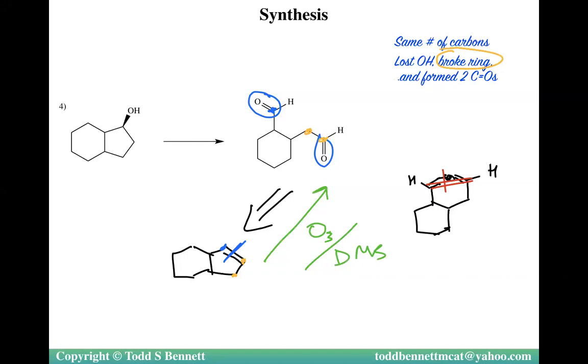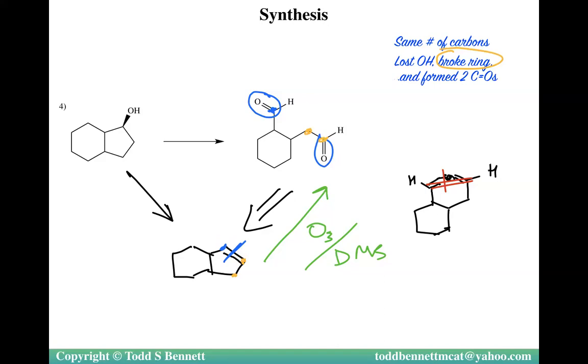To get from here to here, that becomes the trick. So how do you go from here, this alcohol, to this final compound? I want it to be Hofmann, not Zaitsev. OH is an absolutely terrible leaving group.